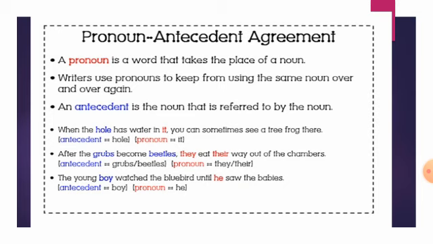After the grubs become beetles, they eat their way out of the chambers. Now this they is used for the grubs. So the grubs is the antecedent, and the pronoun for it is they. I hope you understood it very well.